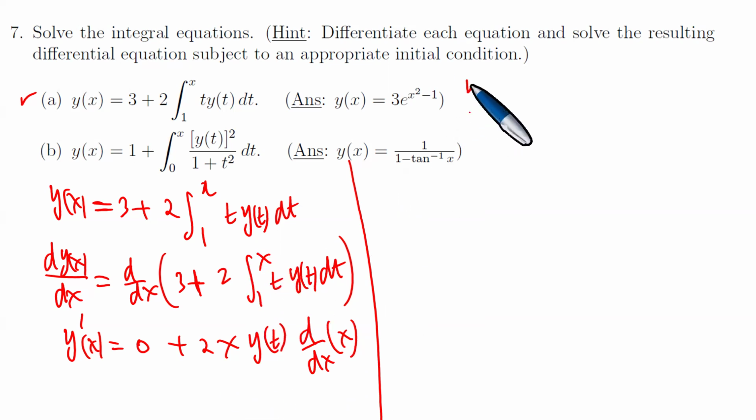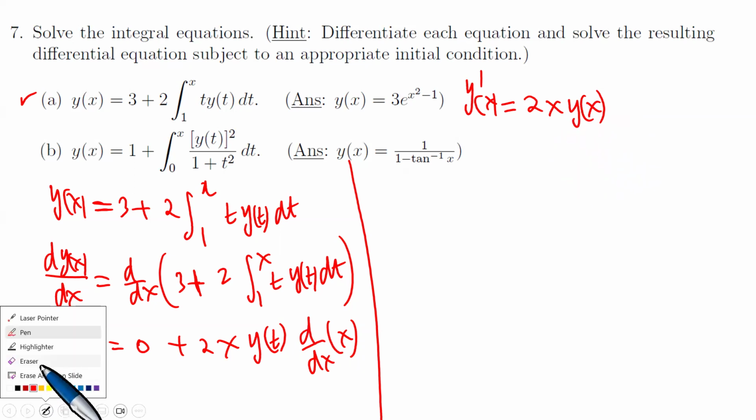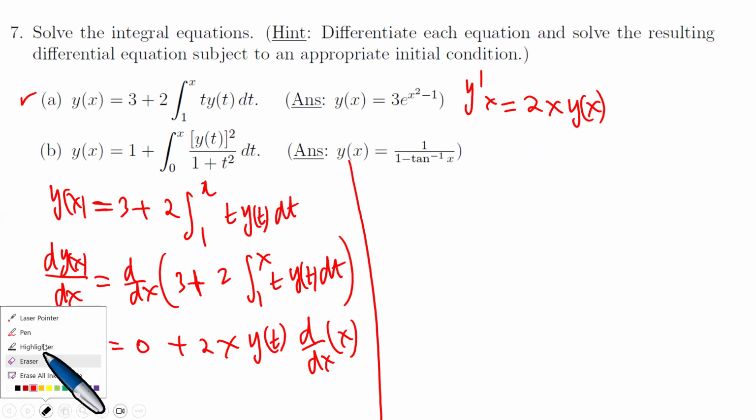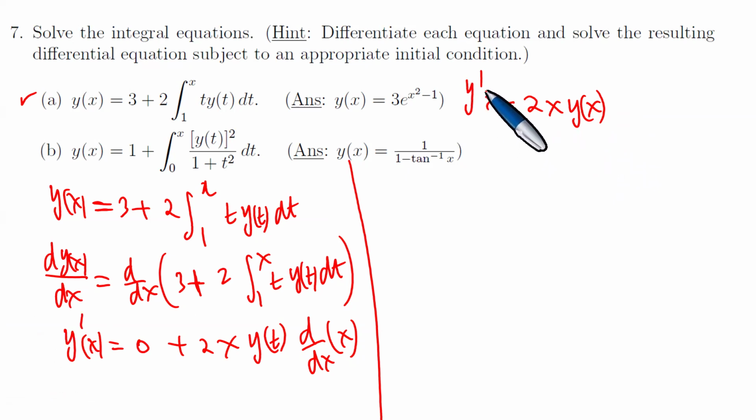Here the derivative of the limit is exactly 1, so y primed of x is 2x y of x. We get this exactly.